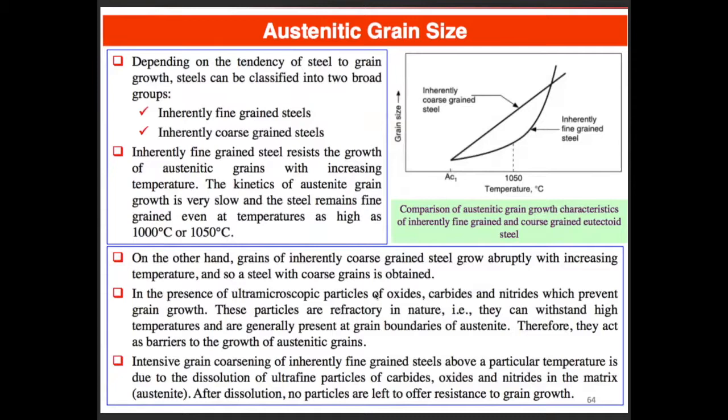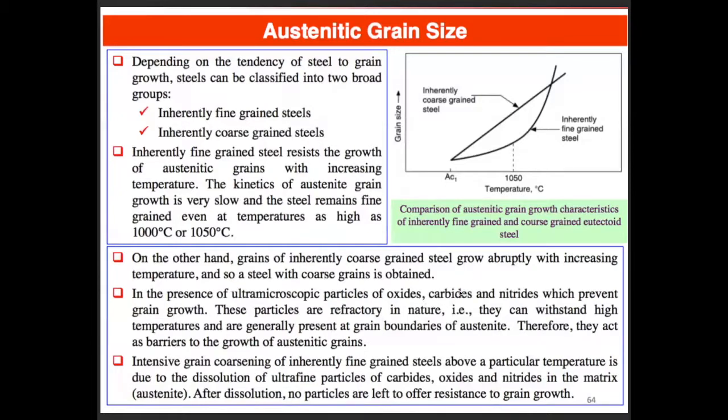So what's our strategy for pinning? We want what size particles, right? We want very small particles, right? The nanometer size particles and submicron dispersions, the same as with aluminum, right? We want precipitates of oxides, carbides, and nitrides, which are going to pin the grain growth, right?